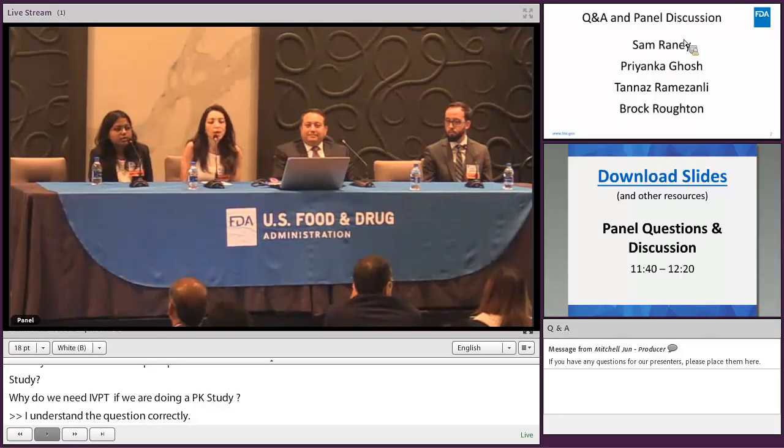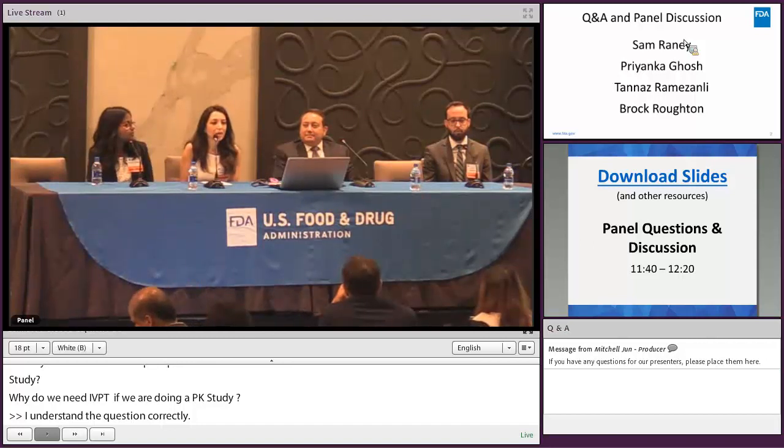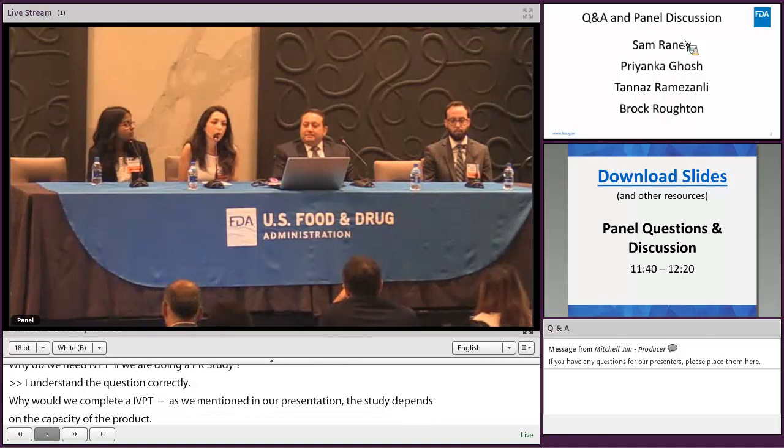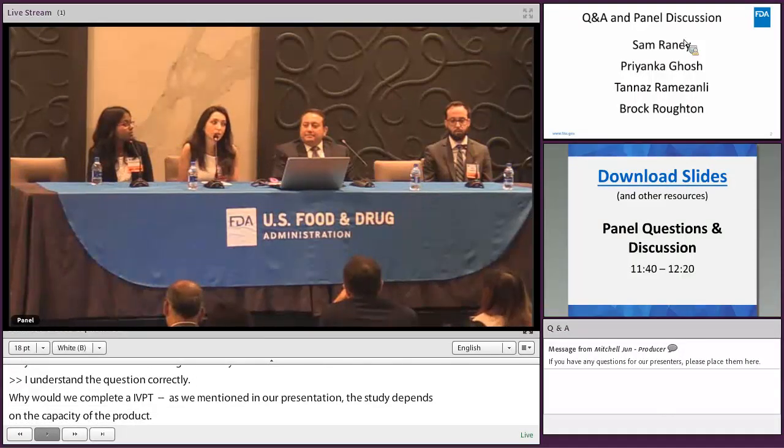As we mentioned in our presentations, the studies that are recommended depend on the complexity of the product. When we have a multi-phase semi-solid system, and depending on other aspects of the complexities, we may require information about cutaneous pharmacokinetics if applicable. It also depends on the site of mechanism of action.